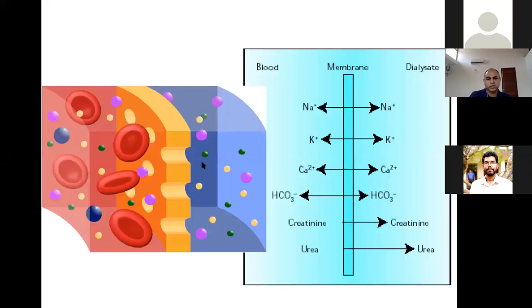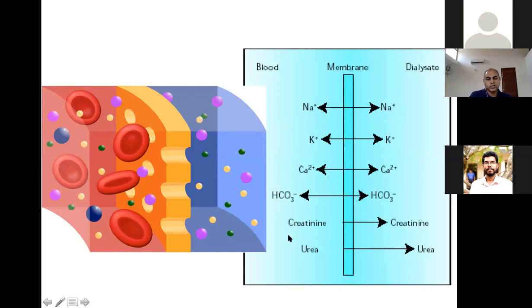But before that, you need to know that the blood and dialysate are separated by a semi-permeable membrane in a dialyzer. Across the membrane, the solutes can go either way based on their level in the circulation and the dialysate. The dialysate will not have creatinine and urea, so they are high in the blood.